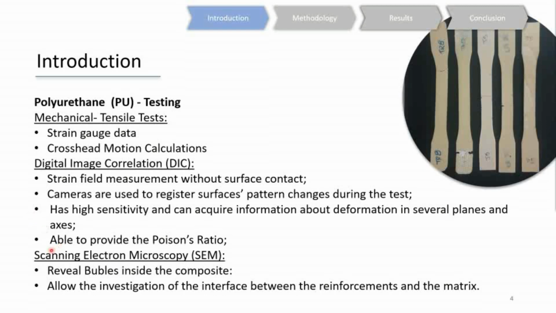Another analysis is the scanning electron microscopy that provides us images that reveal bubbles and the interface between reinforcements and the matrix. This way, our study carried out the tensile characterization of two polyurethane resins, one petrochemical and one natural. And during this process, we also used digital image correlation and scanning electron microscopy.